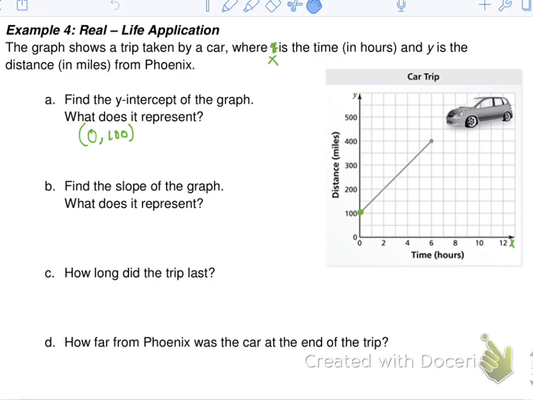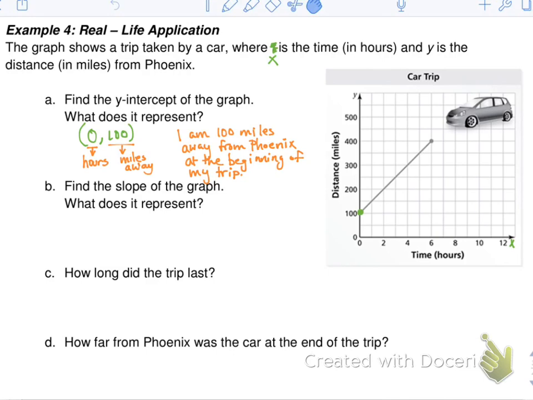What that means is in 0 hours, I am 100 miles away from Phoenix. Okay, so if I were to write a sentence, I am 100 miles away from Phoenix at the beginning of my trip. Right, that's what 0, 100 means.